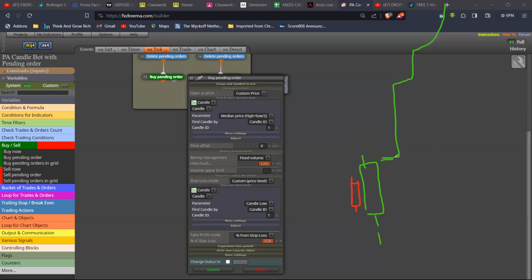So we want a situation where if this one is negated and another one is formed, this one is no longer considered as an entry criteria. So that's what we just built.